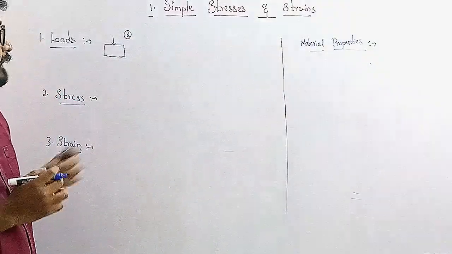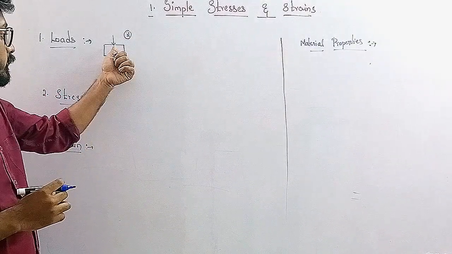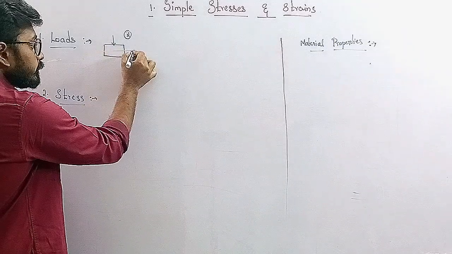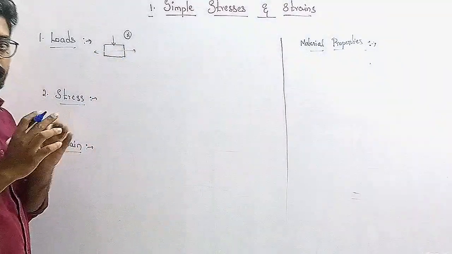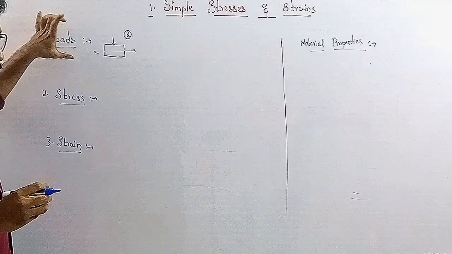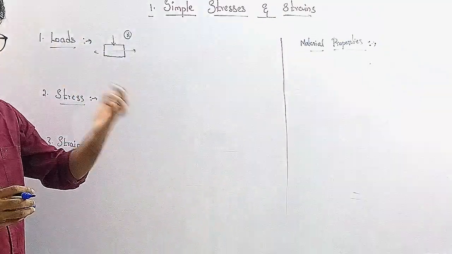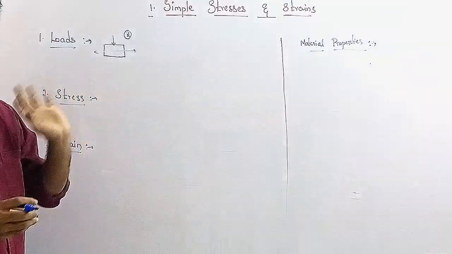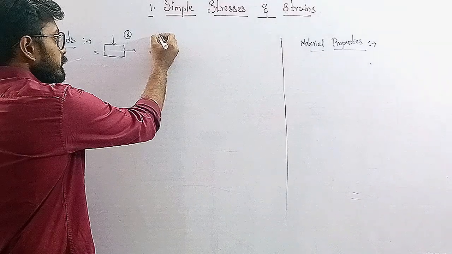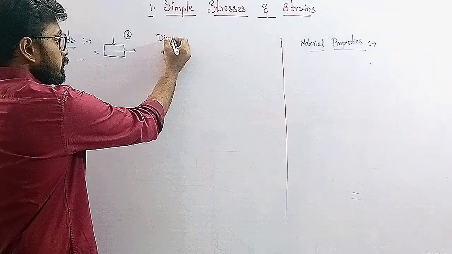The load is acting perpendicularly to the axis of the material. Loads are divided into two types based on the direction and based on the time for which they act on a body.